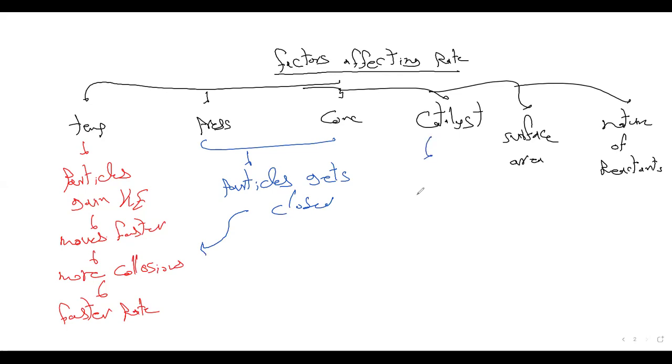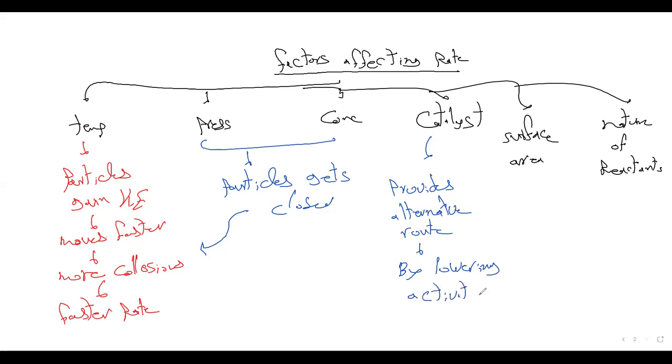And a catalyst provides an alternative route or alternative pathway by lowering activation energy. What's meant by activation energy is the minimum amount of energy to start the reaction.